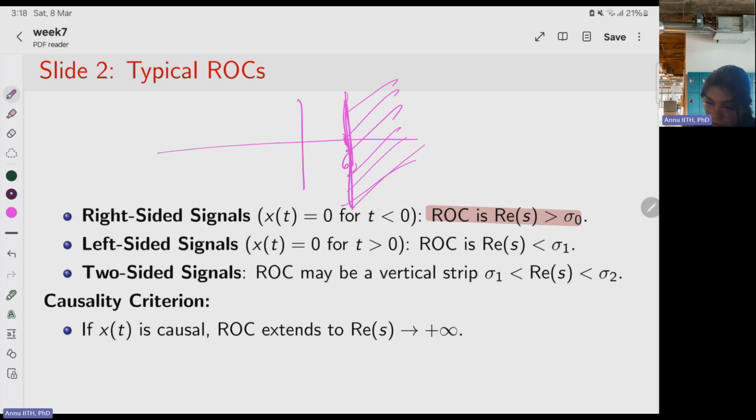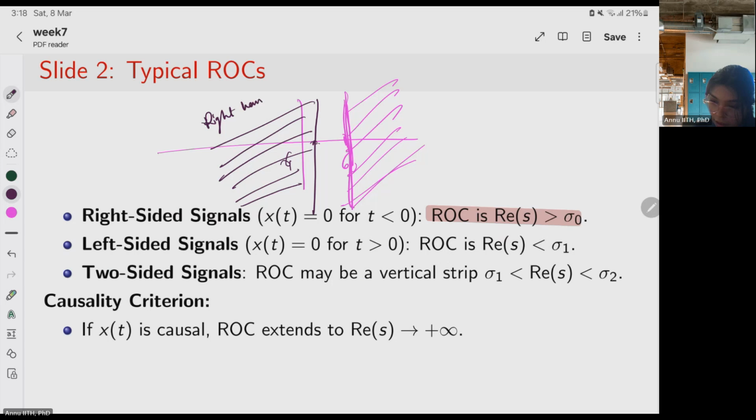Real of s less than sigma 1: let me keep sigma 1 somewhere here. This is the left-handed signal.